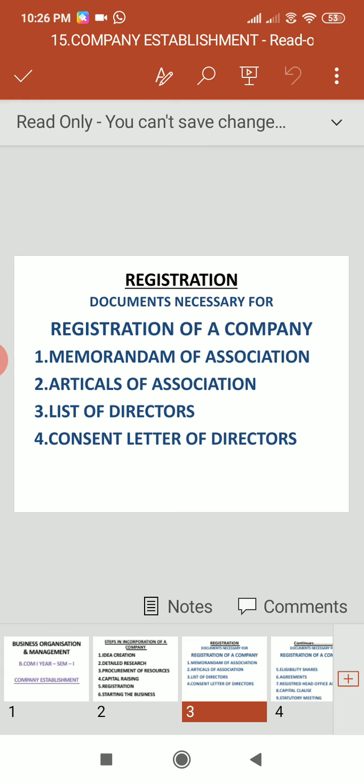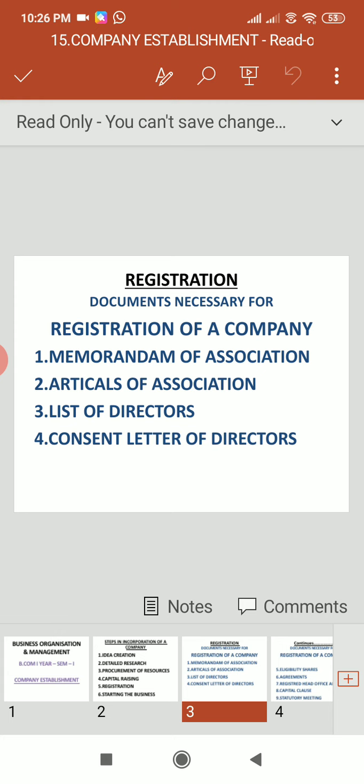The documents necessary for registration of a company: the memorandum of association is a very important document which explains the relationship between the company and the outside society. The second important document is the articles of association. It explains the internal routine management. What are the rules and regulations?